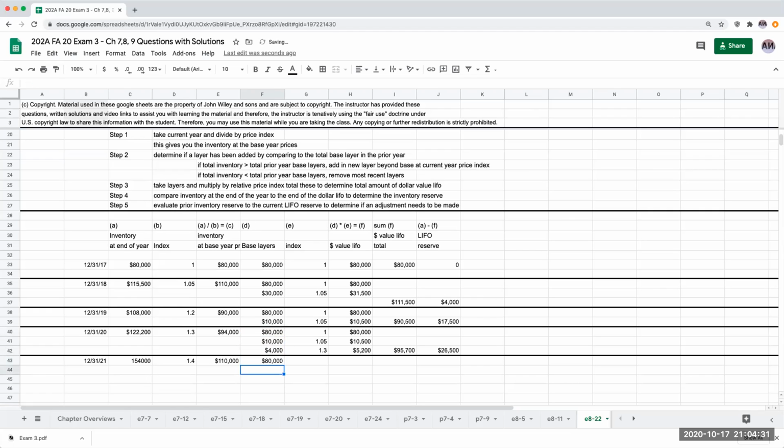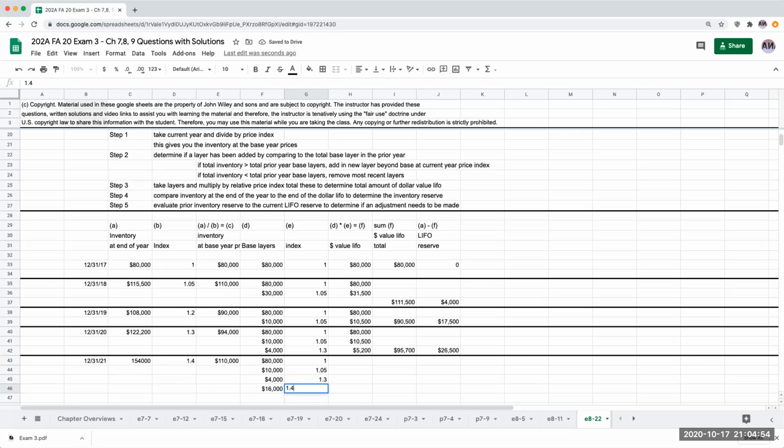So I'm going to go through here. This 80,000 layer is still here. This layer is still over here. This is still here. But now what I'm doing is I'm adding a layer, or the difference of 16,000.